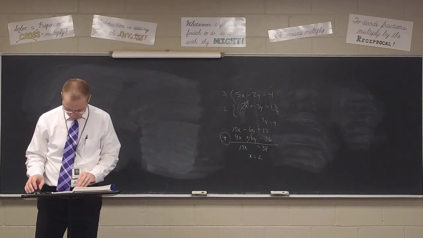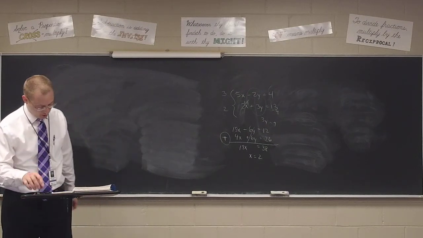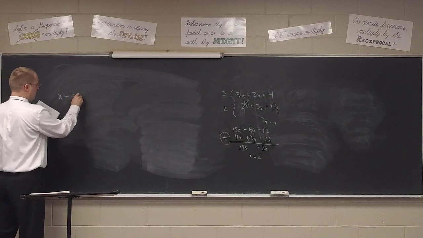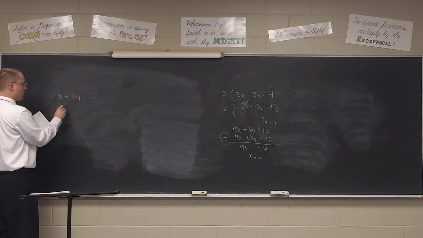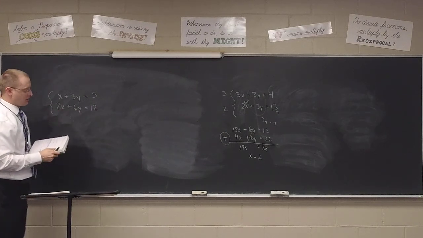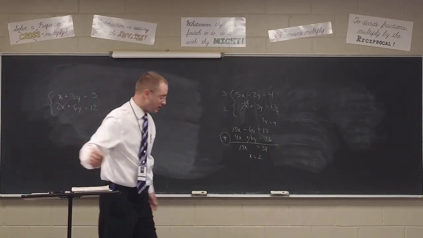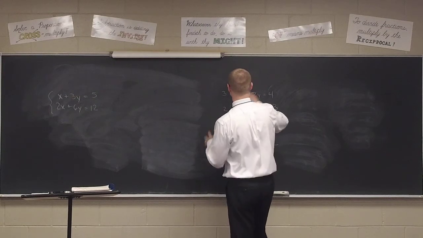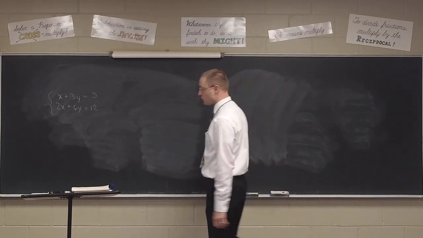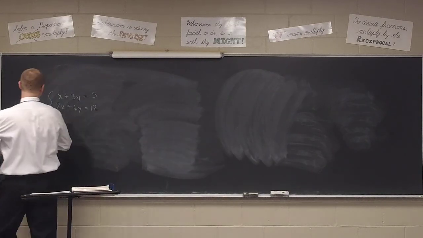Number 12, write it down in your paper. The next: x plus 3y is equal to 5, and we have 2x plus 6y equal to 12. I'm leaning toward the addition method here, because I see that if I just multiply the top by negative 2, I can knock out those x's, right?